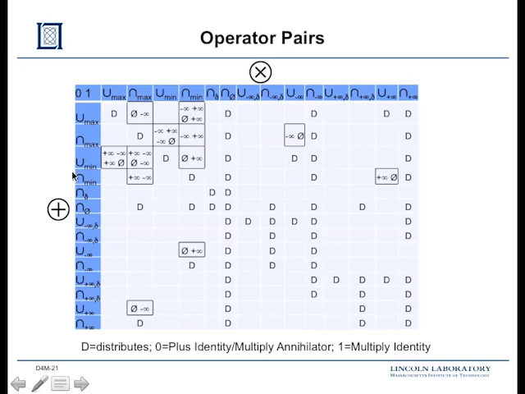So if I make plus union min and multiply intersection min, and I define 0 to be the empty value and 1 to be plus infinity, then I can create a feld essentially out of that.